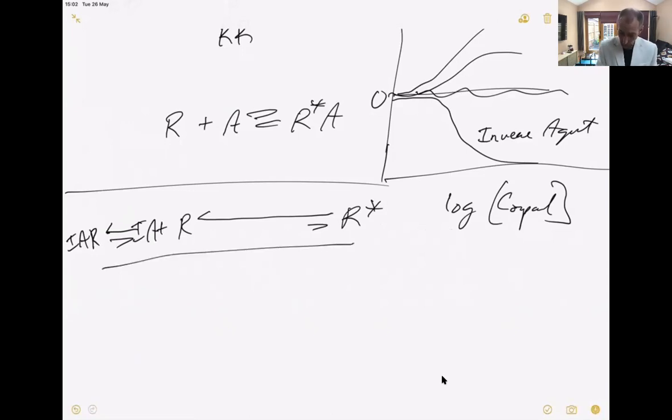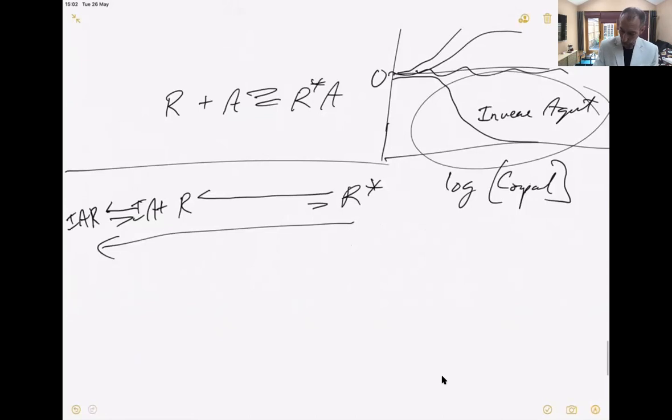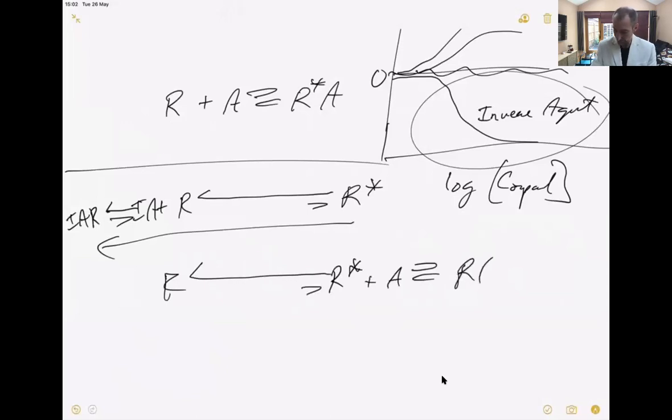Through Le Chatelier's principle, it will shift the whole equilibrium from R star to R, even though R star didn't have any ligand bound. That explains inverse agonism. So for an agonist, it binds to the R star form. It's got greater affinity for R star and it shifts the equilibrium towards that. Le Chatelier's principle means that we get R shifting to R star, we get a bigger response.